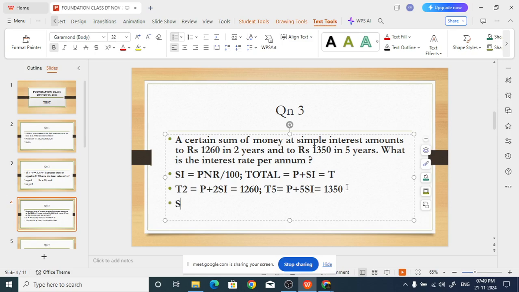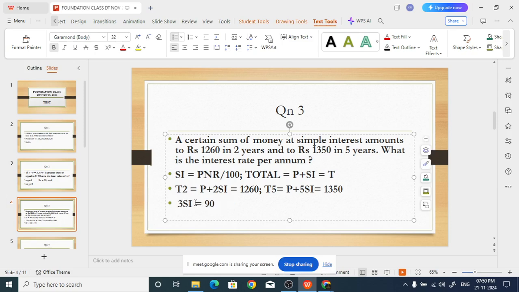SI for 1 year will be equal to T5 minus T2. Find out T5 minus T2. T5 minus T2 is how much? Is it 3 SI? 3 SI is equal to how much? 90? 3 SI is equal to 90?